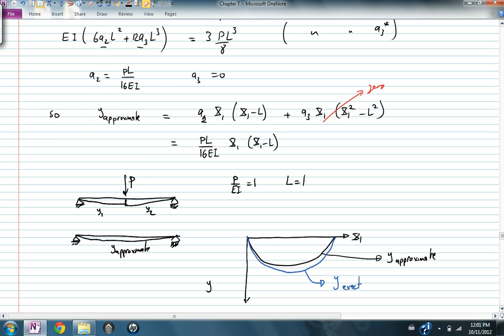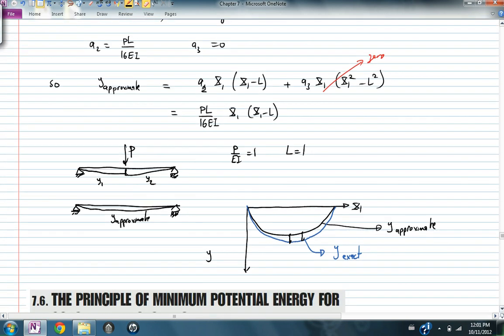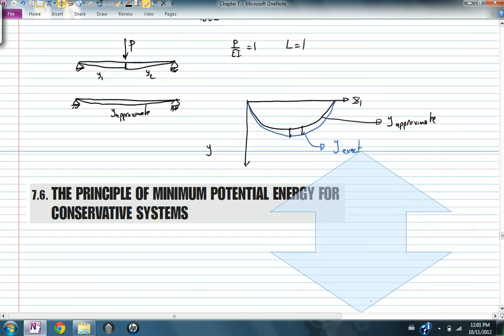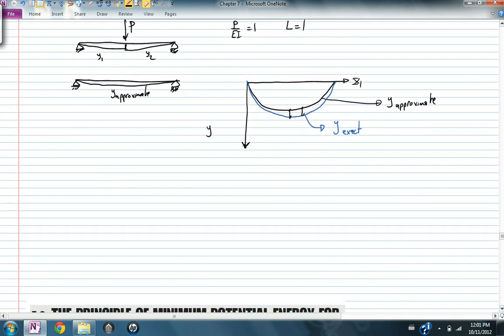Now, in any approximate solution, if you think that these are too far apart, then you can increase the order of your approximation. In this example, we used y as a cubic function.